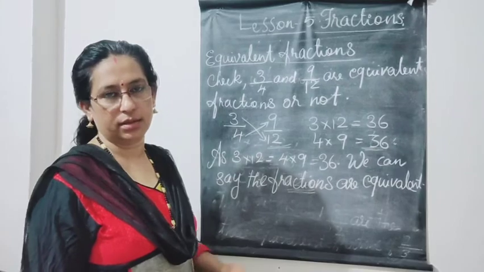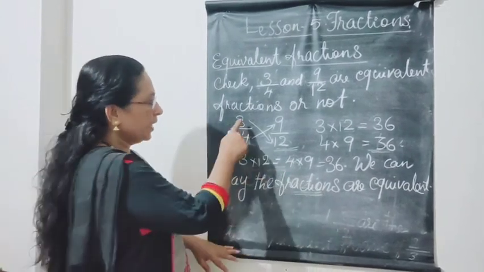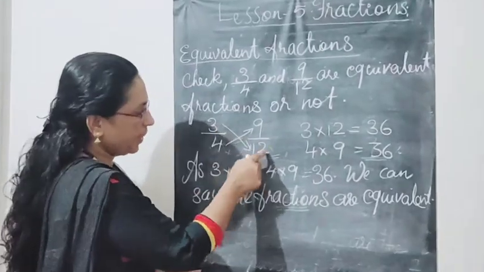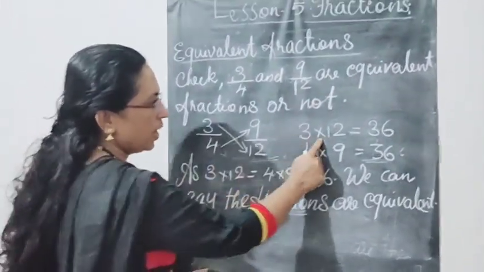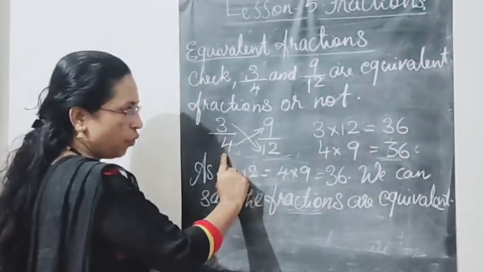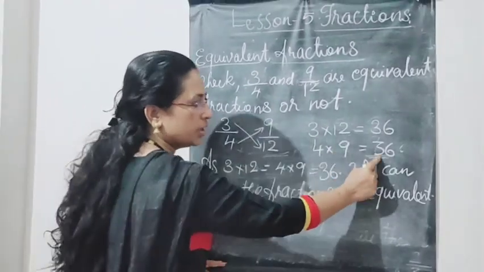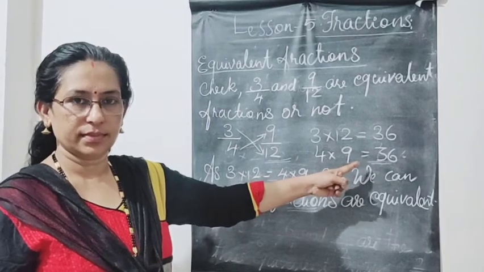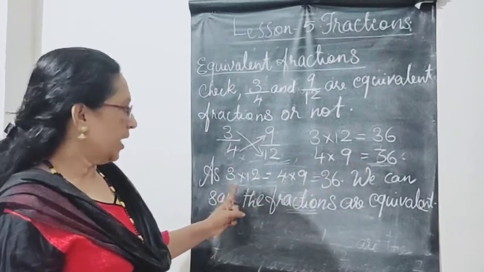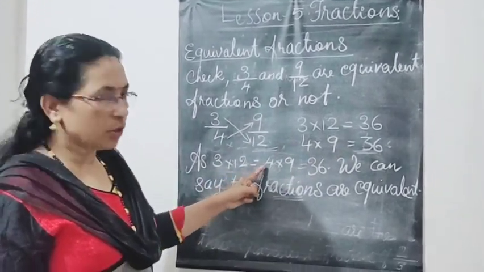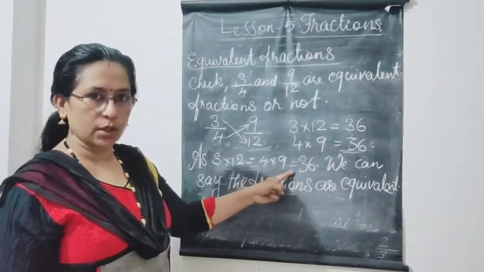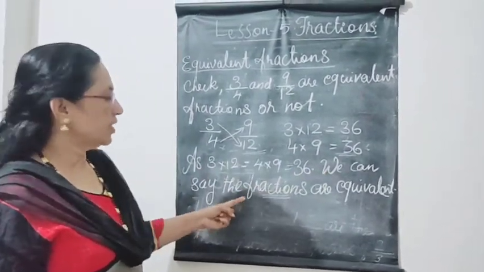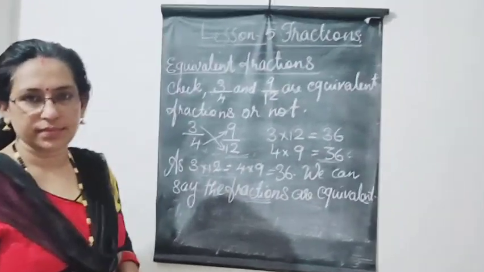Once again, 3 multiply 12. If we cross multiply, 3 multiply 12 is equal to 36. 4 multiply 9 is equal to 36. Both the numbers are the same here. As 3 multiply 12 is equal to 4 multiply 9, which is 36, we can say the fractions are equivalent.